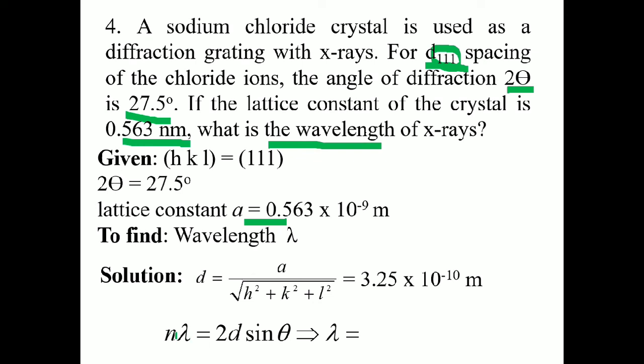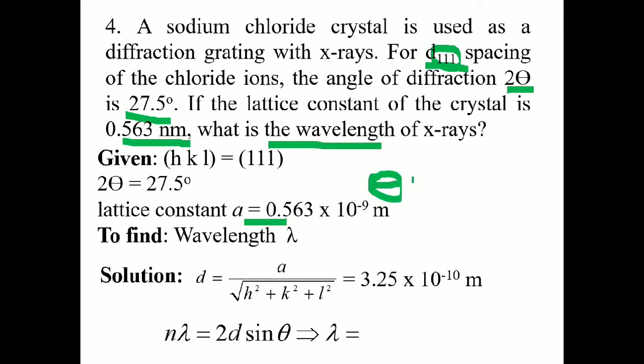If it is not mentioned in the problem, you can assume that n is equal to 1. Of course, it is not wrong if you take n equal to 2, but usually we take n equal to 1. And d is calculated here. 2 theta is given, so half of that should be taken: 27.5 divided by 2.